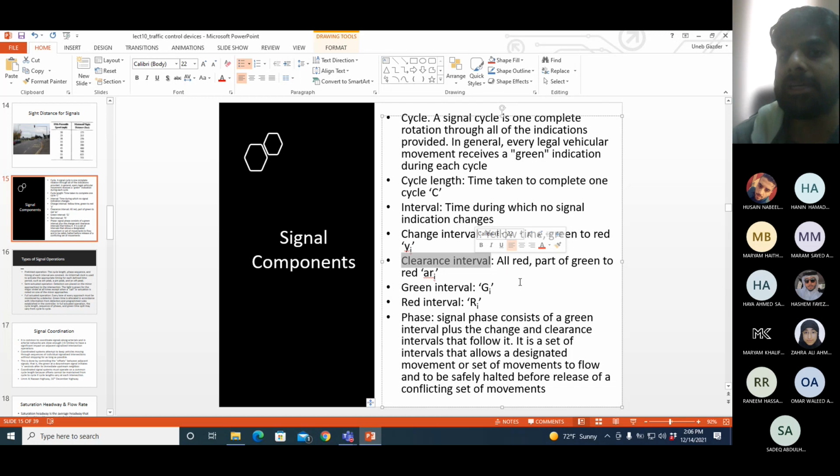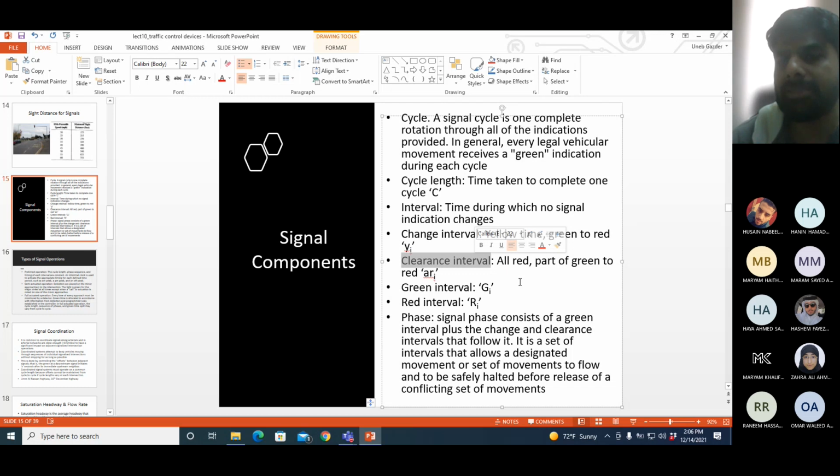The reason is to account for the risky, or the nice term is brave, drivers who try to pass the intersection in the last half a second of yellow. So when the signal becomes red in their direction, they are already in the intersection. They have crossed the stop line. As traffic engineers, we are very smart people, so we know about these drivers.